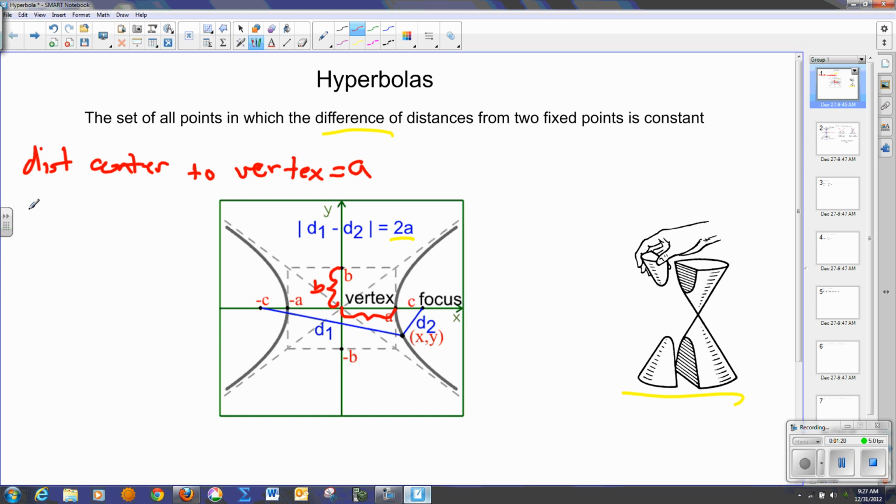So the distance from the center to the covertex is b. And then you'll notice there's a focus once again, and the distance from the center to the focus is c.